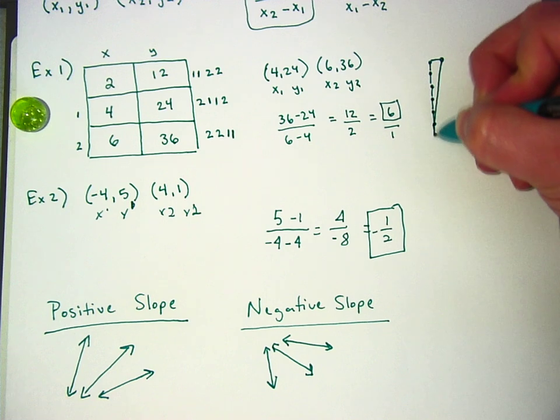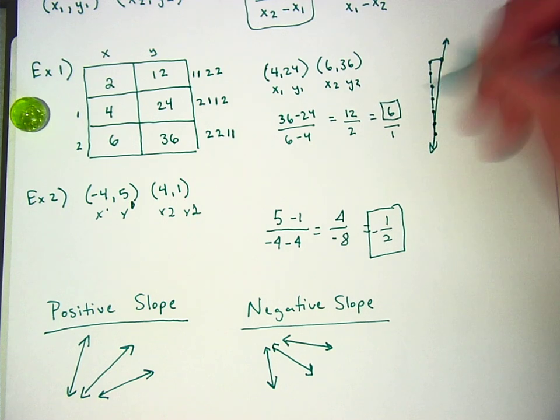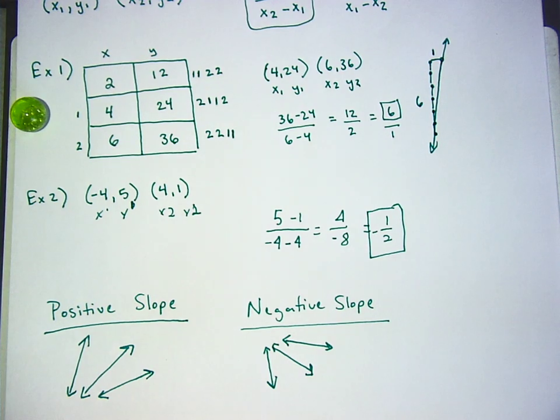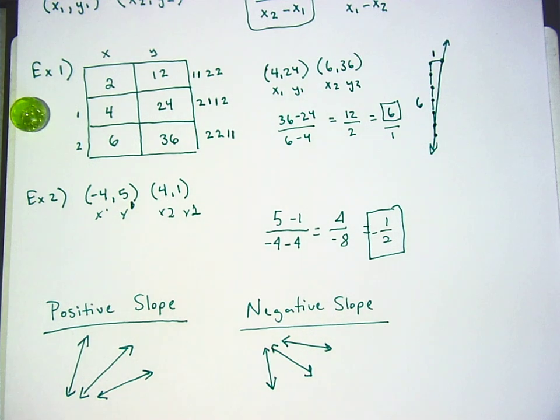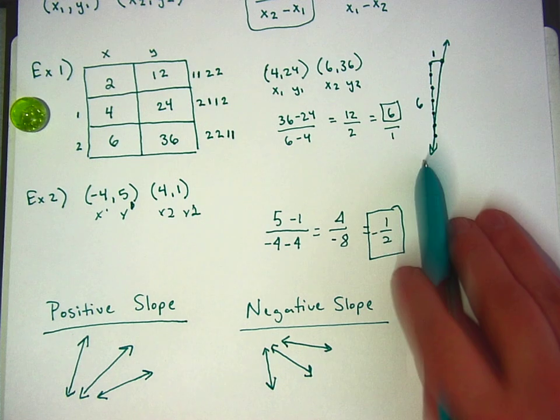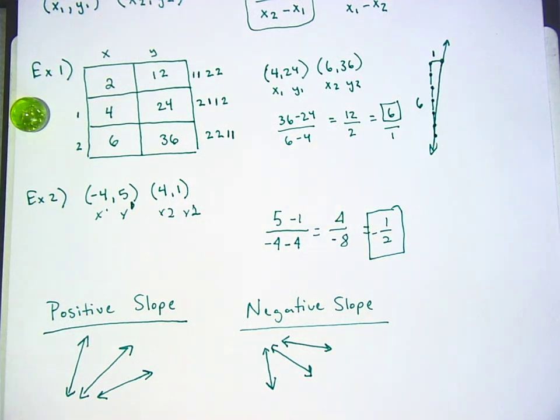And that would be my positive slope. It goes up 6 and over 1. Draw that next to the slope, please. Do you see how it's a positive 6, so it's going uphill left to right?